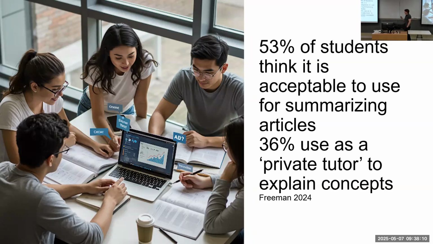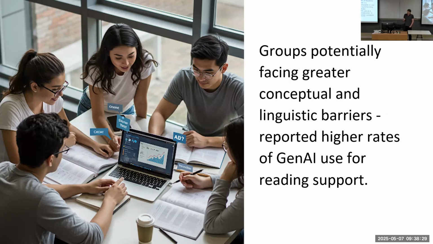I think now it would be a little bit more, and 36% use it as a private tutor. So when there are challenges, if they're reading outside their discipline, they can use AI to help explain any challenging concepts.